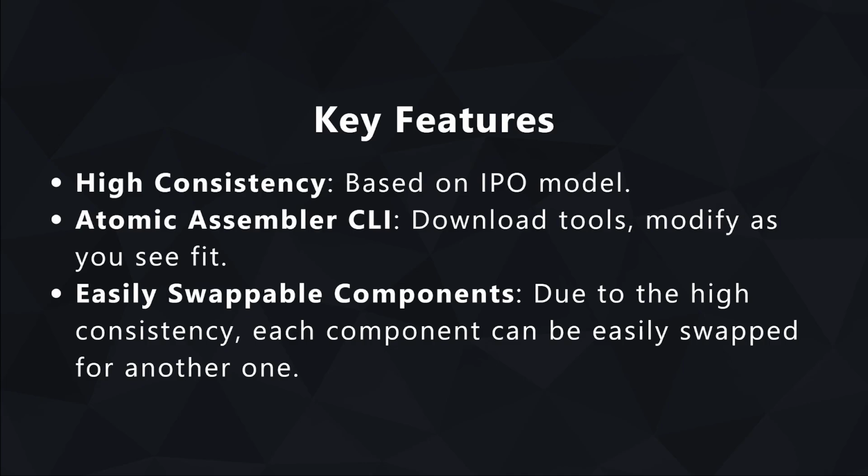There's also the Atomic Assembler CLI, which allows you to download tools and modify them as you see fit, as opposed to installing them as dependencies and having them be a part of the core library where you can't modify them. And everything within the framework aims to be easily swappable, since everything uses the same IPO model, the same type of input schemas, output schemas, run methods.